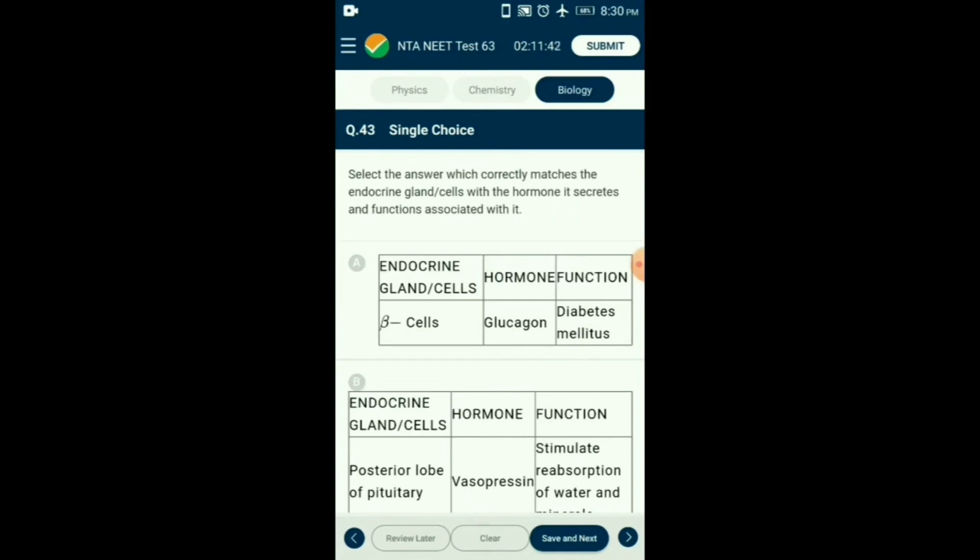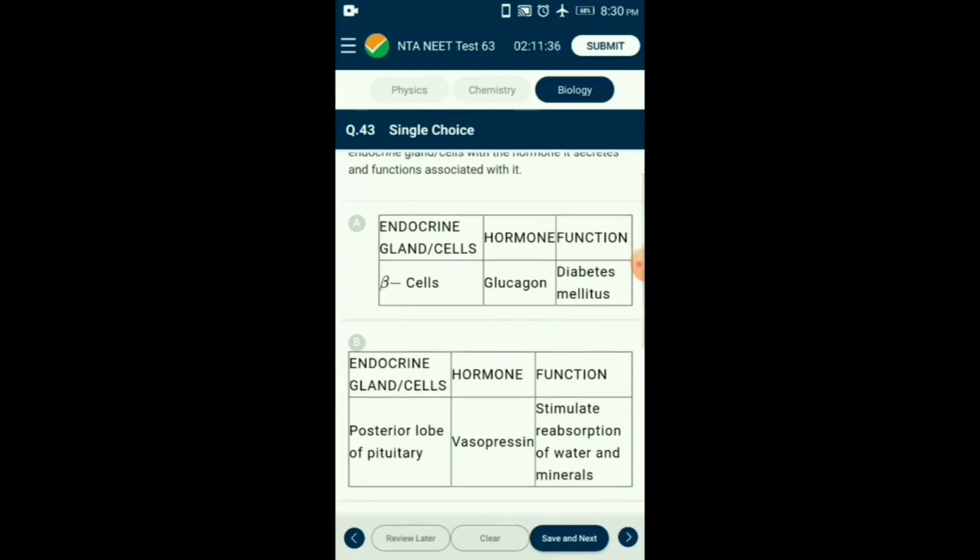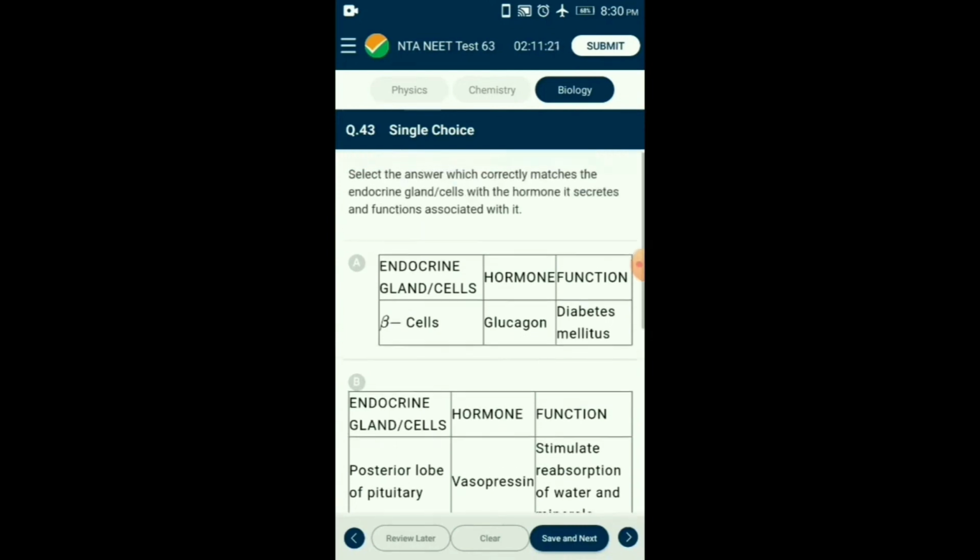Question number 43. Select the answer which correctly matches the endocrine gland or cells with the hormone it secretes, and the functions associated with it. Beta cells of pancreas secrete insulin, absence of which results in diabetes mellitus. Adrenal medulla secretes epinephrine, which helps body to deal with any emergency situation.